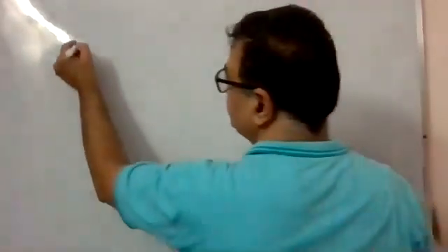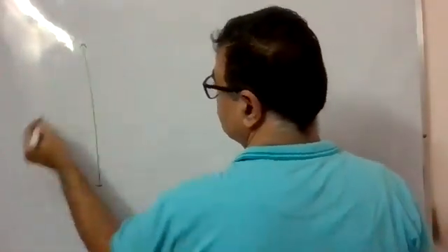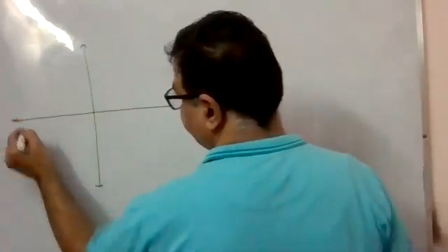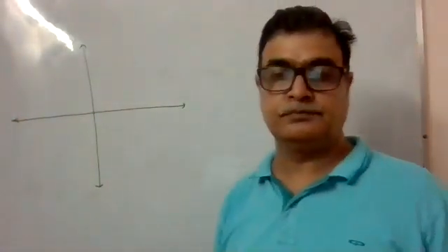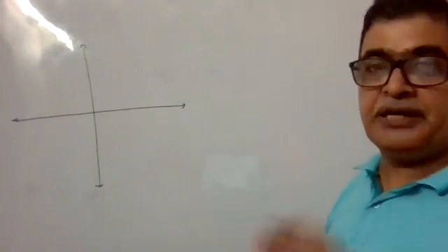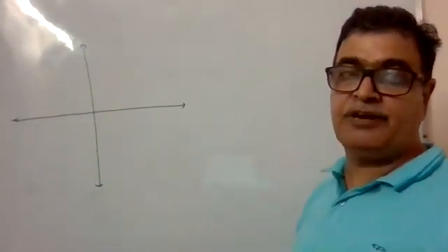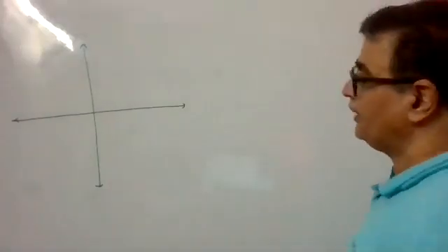So whose inclination? 60 degree. Inclination to the positive direction of x-axis in anti-clockwise sense or anti-clockwise direction is 60 degree. मुझे इसका डायग्राम भी चाहिए. The line is making angle 60 degree with positive x-axis. That is the question we have. We should find out the slope.